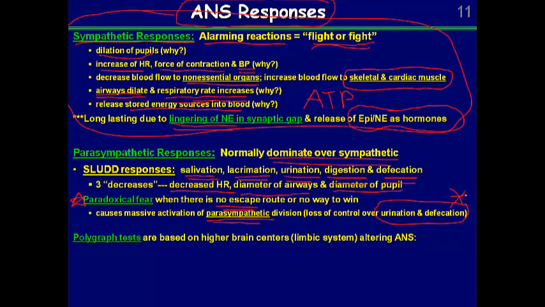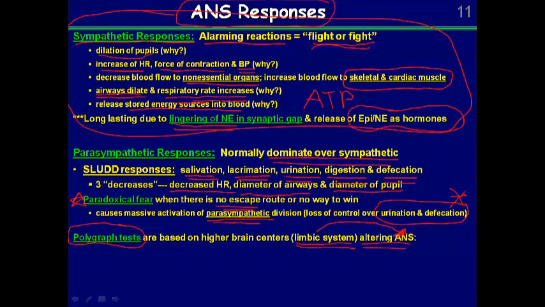Another thing that's associated with your autonomic nervous system is our polygraph tests. Polygraph tests are based on alterations of autonomic responses due to the limbic system. So remember, your limbic system is your emotions, and a typical person has emotions, and those emotions alter some of your autonomic responses.